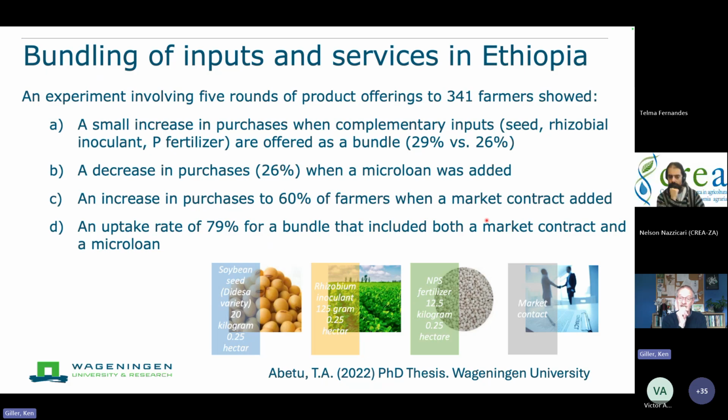Another, I think very exciting, example from Ethiopia was looking at the bundling of inputs and services. If farmers were offered seed, rhizobium inoculant, and fertilizer together as a bundle, we found it only increased uptake to 29% of farmers compared to 26% of farmers buying the inputs individually.